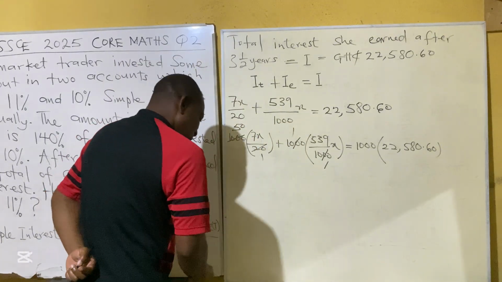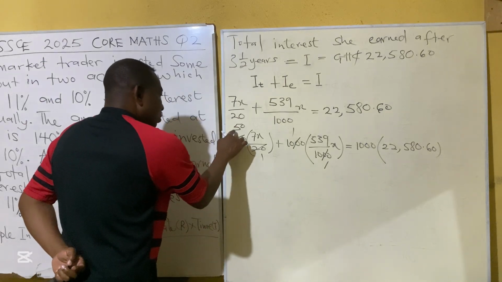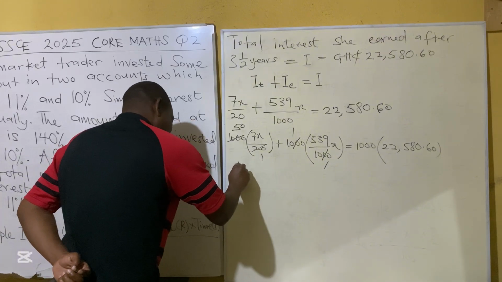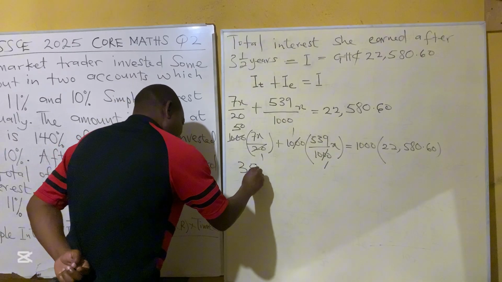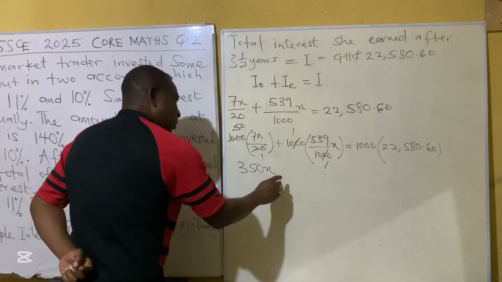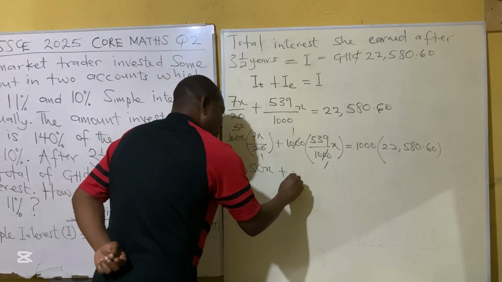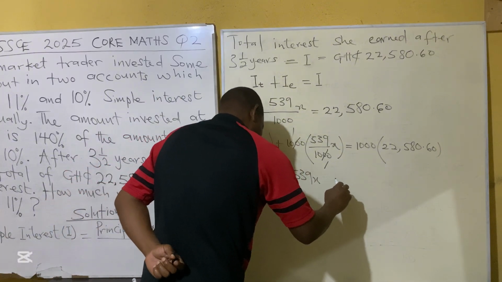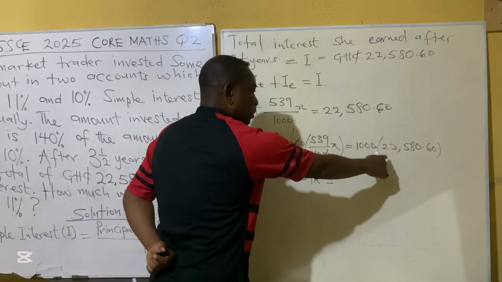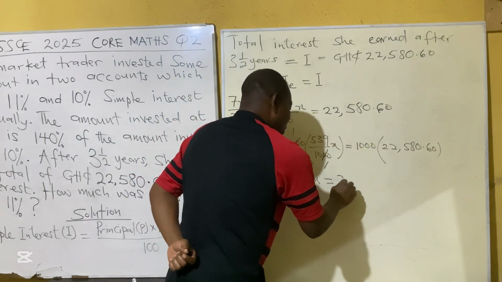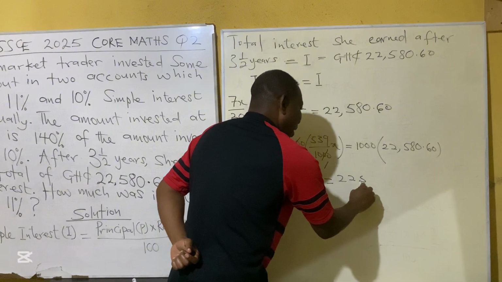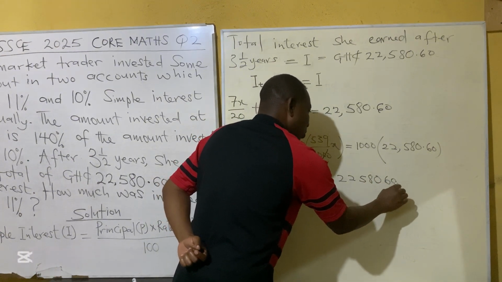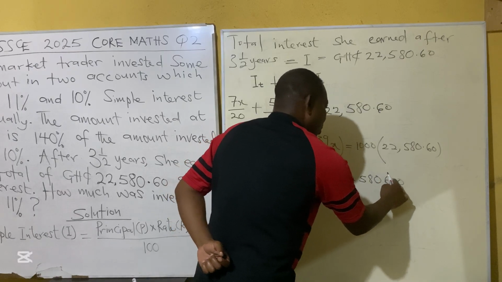So now we are going to get 50 times 7x, that will give us 350x, plus 539x, which is equal to, when we multiply this by 1000, 22,580,600.